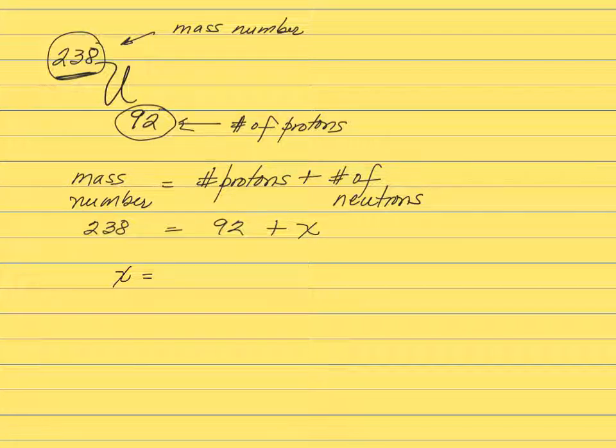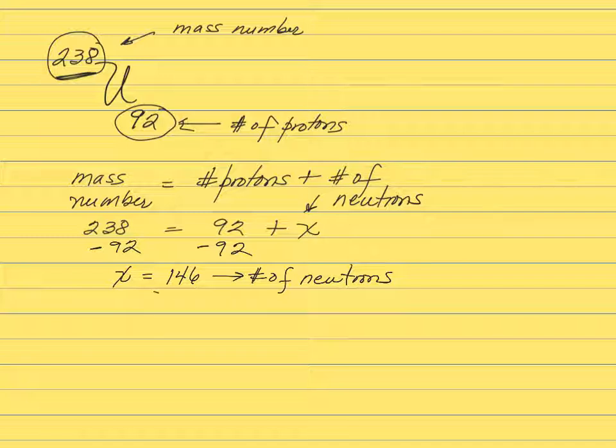You subtract. Remember that you are looking for the number of neutrons. You have an equation, and that way you're going to find the number of neutrons.